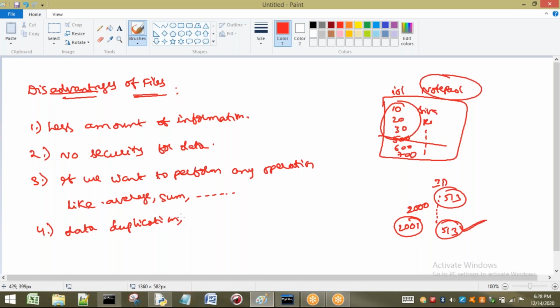Here no technique is there to overcome this data duplication. That means data redundancy. To overcome this problem, we do not have any technique. Let us consider I am going to take student phone numbers. 1,000 students are there in my school, and I want to take everyone's phone number.